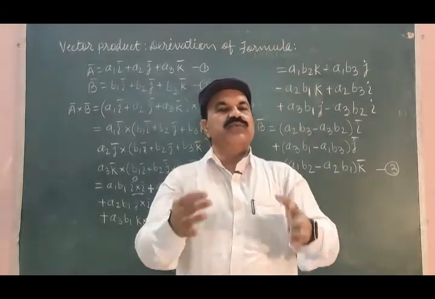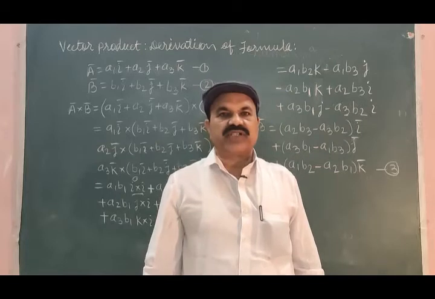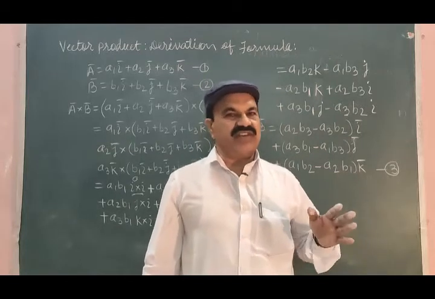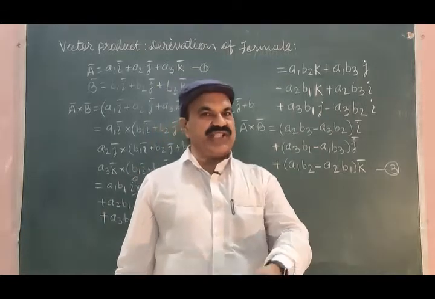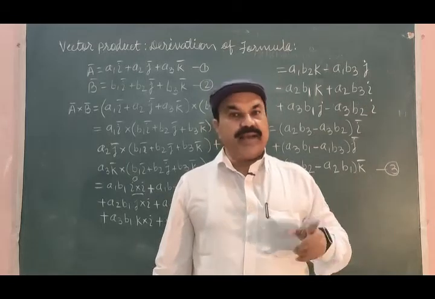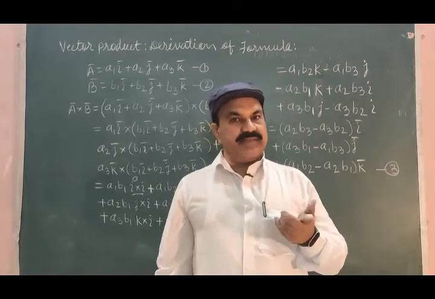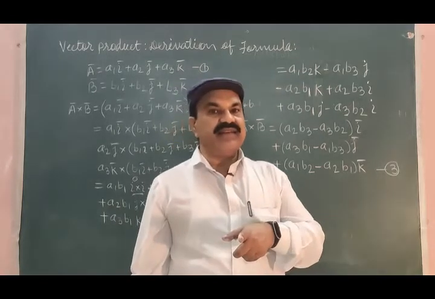Let me tell you the rules for cross product or vector product in terms of unit vectors once again. I cross I is 0, J cross J is 0, K cross K is 0, since I is parallel to I, J parallel to J, K parallel to K. What does this mean?